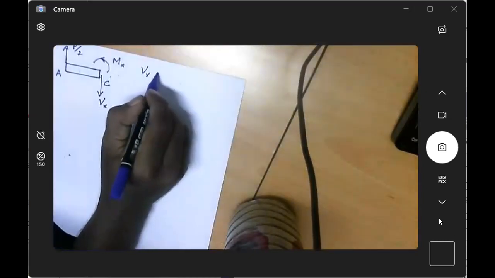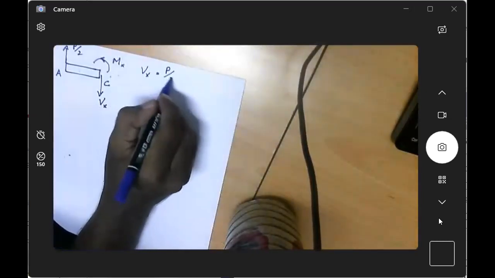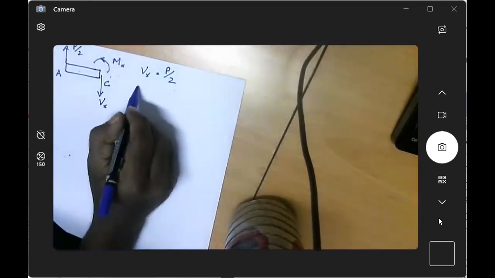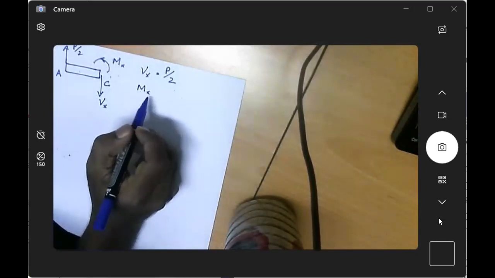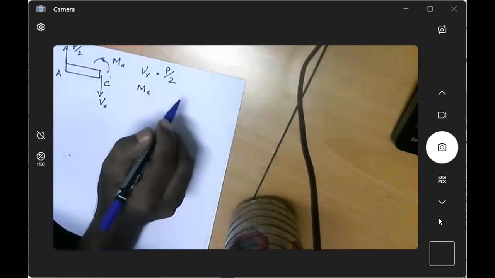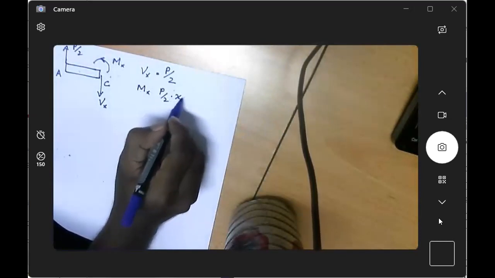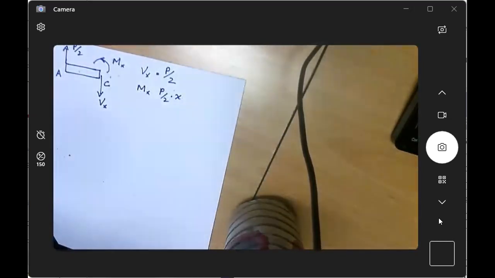Vx is directly how much? P over 2, right? And Mx is how much? P over 2 multiplied by X, P over 2 times X, right?